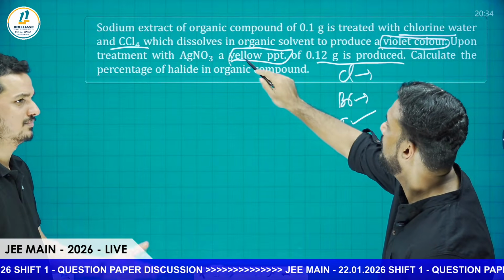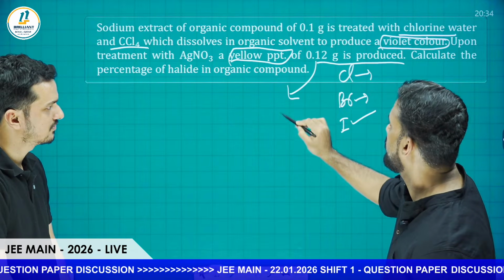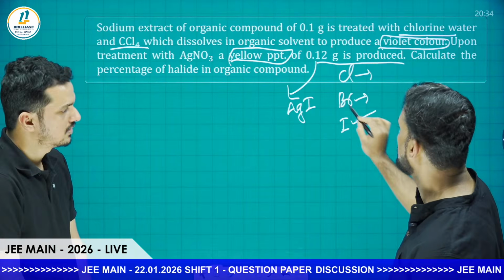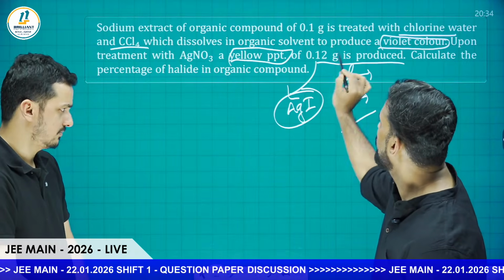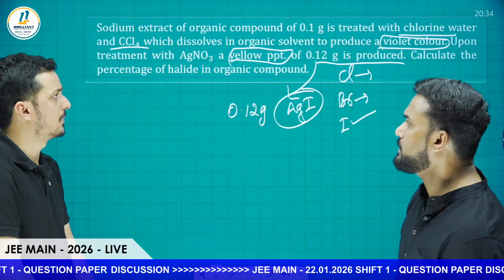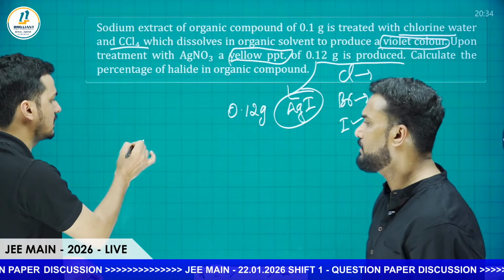So with AgNO3, a yellow precipitate means they are talking about AgI. AgI formed is 0.12 gram. Now they are asking to find the percentage of halide, that is, the percentage of iodine.